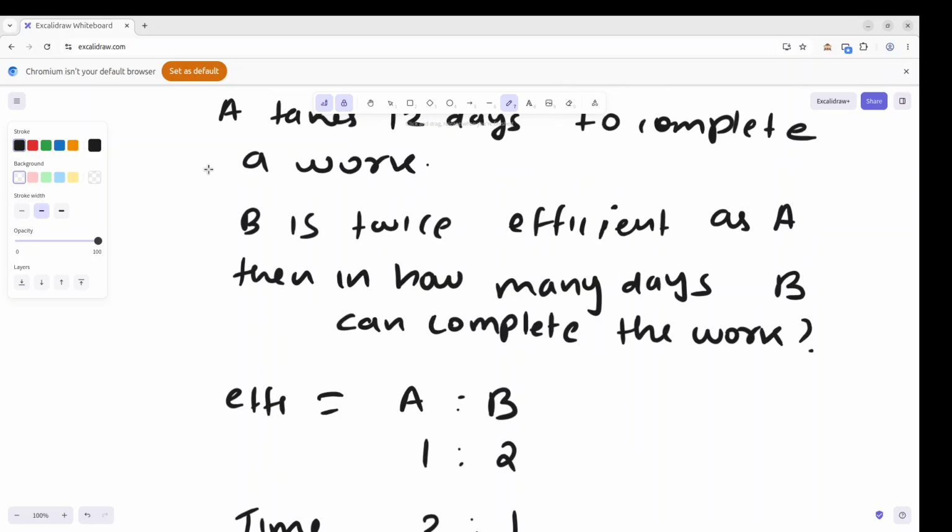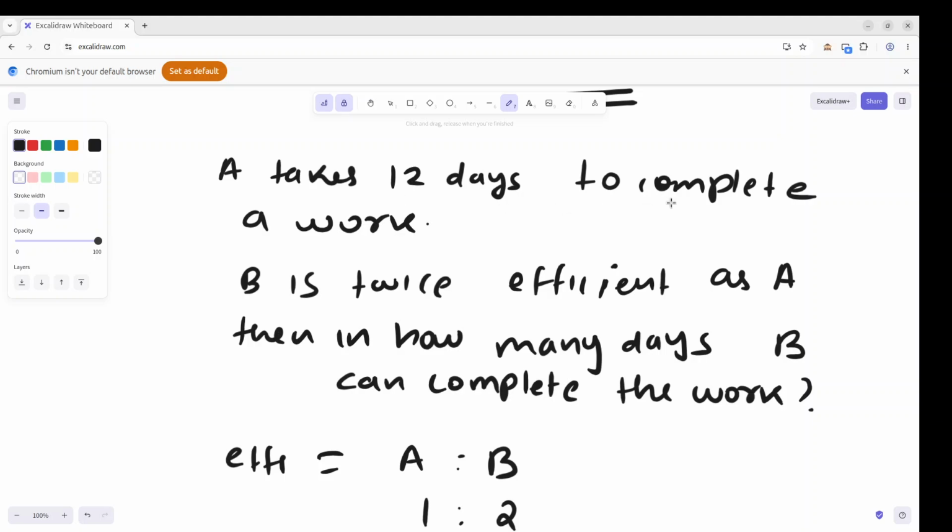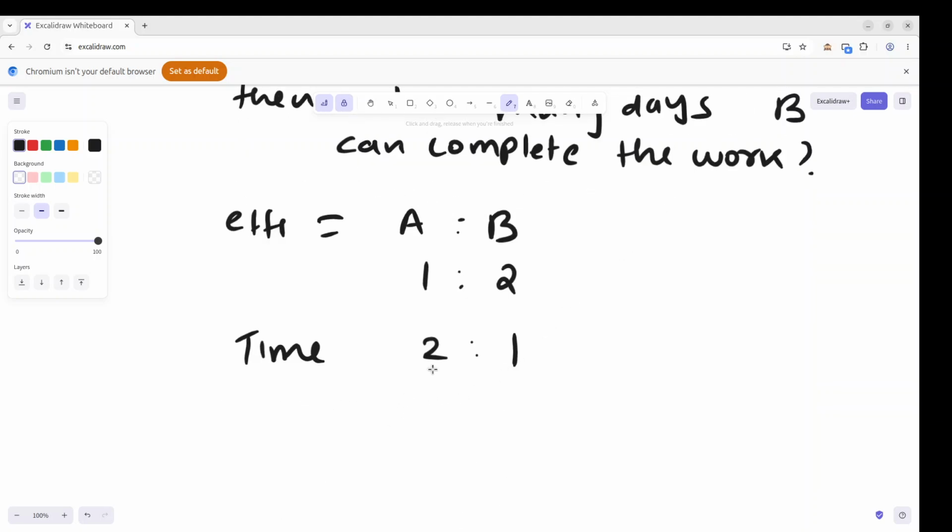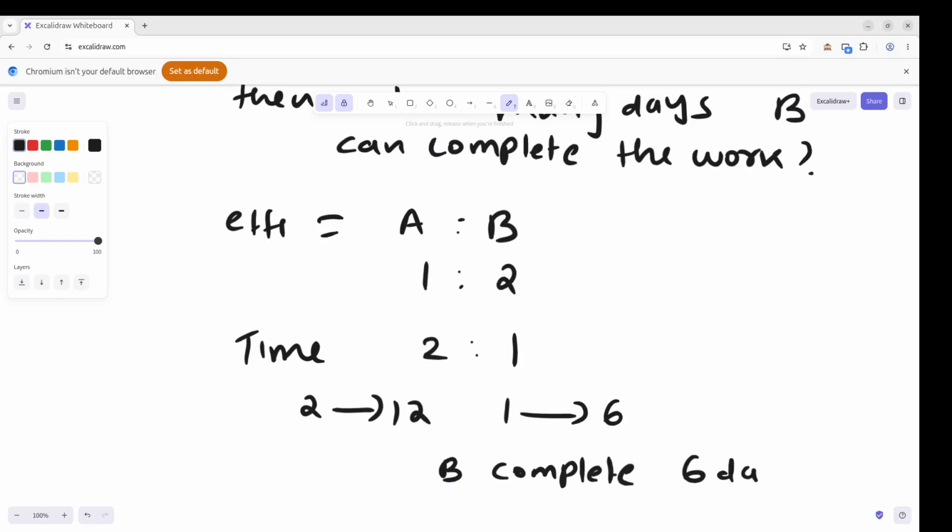But in the question it is given that A takes 12 days to complete the work. Here days means time, right? So 2 equals 12, 1 equals 6. That is, B's time is 1, so B completes the work in 6 days. I hope it is clear to everyone.